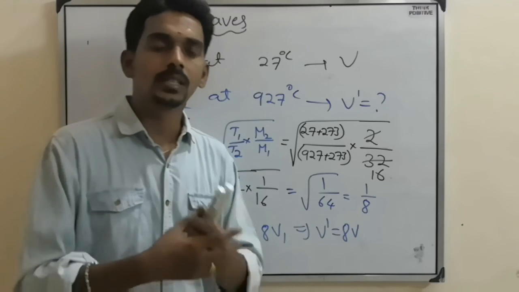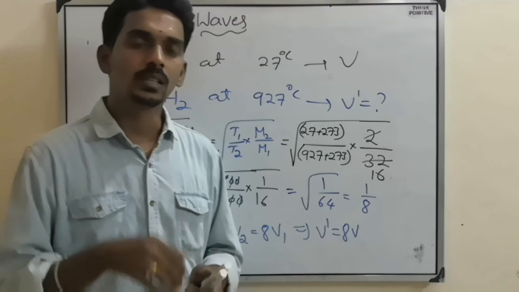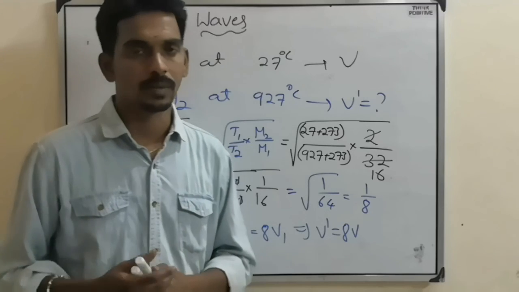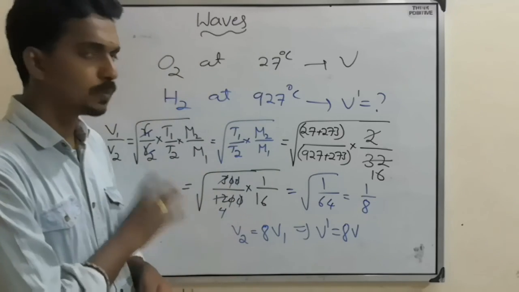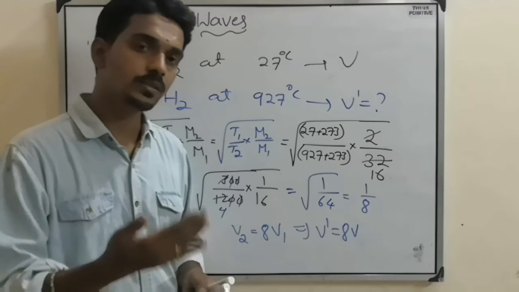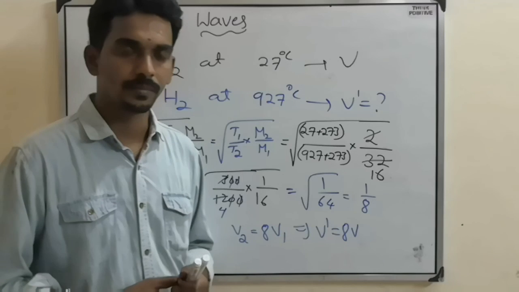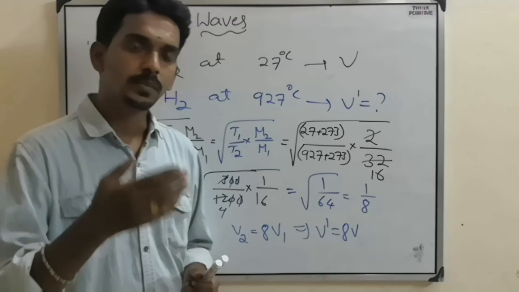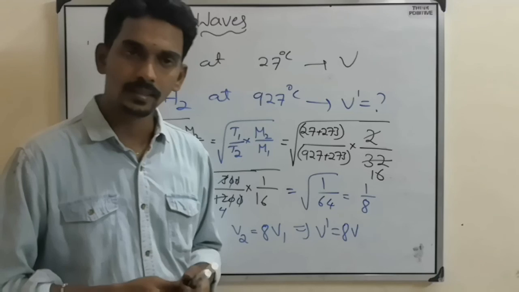On what factors will it depend? What kind of questions will come? That we will discuss in the coming class. So it's all about the speed of longitudinal or sound wave. In the coming class we discuss the speed of transverse waves on a stretched string. Right? Thank you.